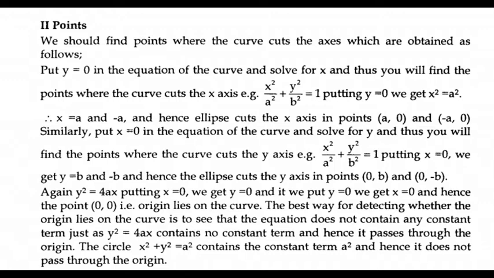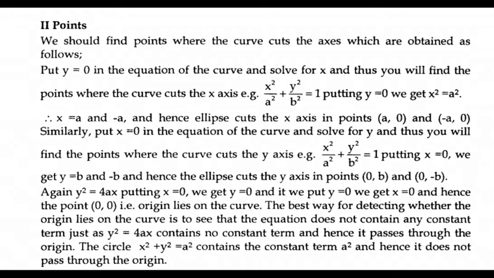Either y is equal to b or y is equal to minus b. So the points where the ellipse cuts the y-axis: for x equal to 0, the corresponding value of y is b, and one more point is minus b. These are (0, b) and (0, minus b).